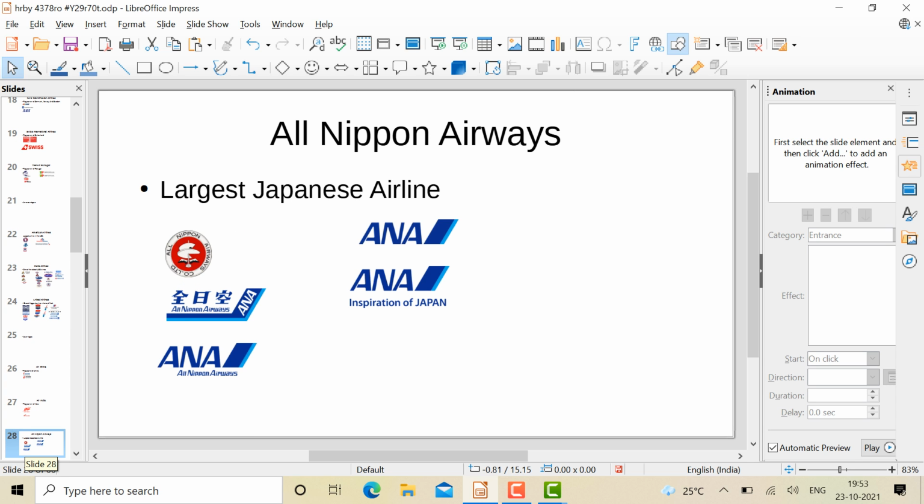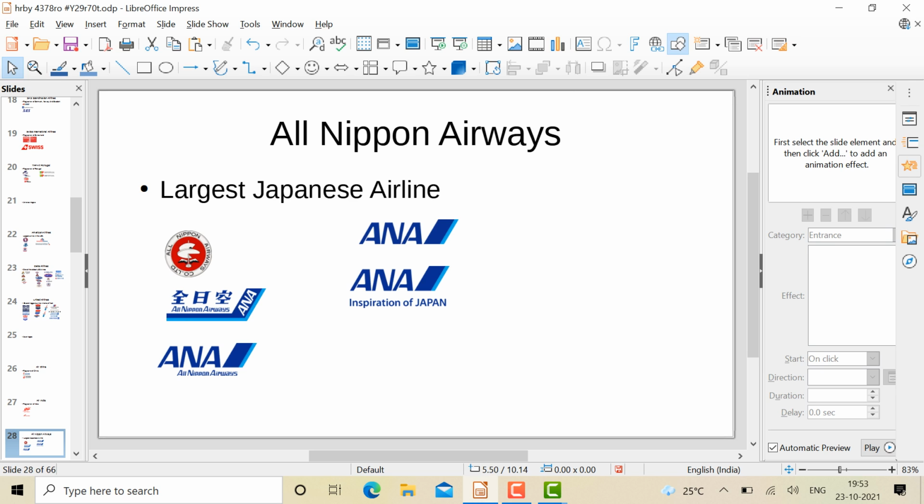And then we have the largest Japanese airline, All Nippon Airways. All Nippon Airways had a total of 5 logos. The first one was very simple, with just an emblem and All Nippon Airways Corporation Limited written around it. The next logo completely changed. ANA was added, All Nippon Airways ANA was written in Japanese, and below it there was All Nippon Airways.